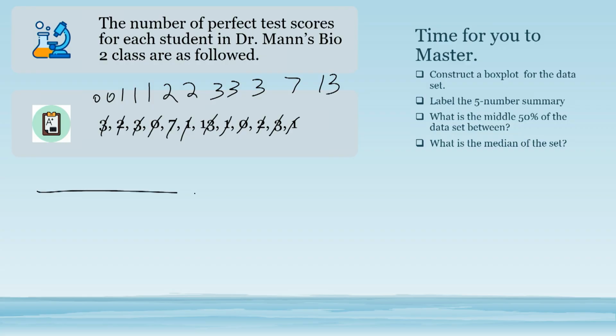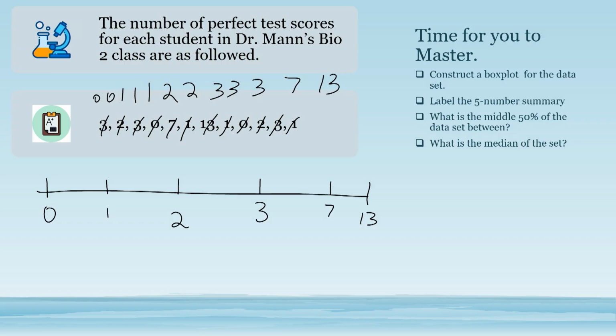So I could make my line at 0, 1, 2, 3, 7, 13. Those are the numbers that are represented.